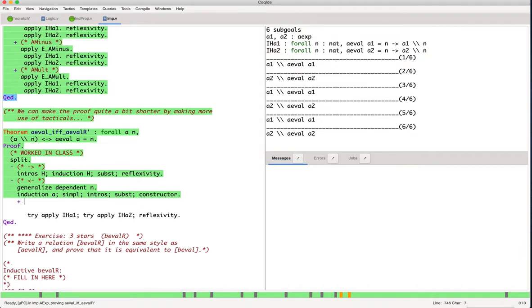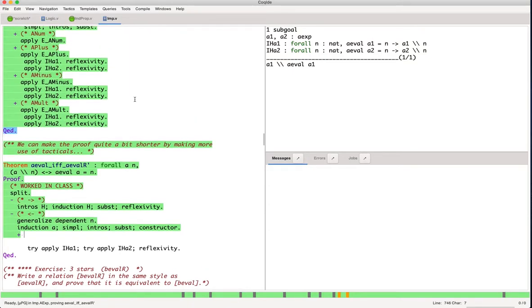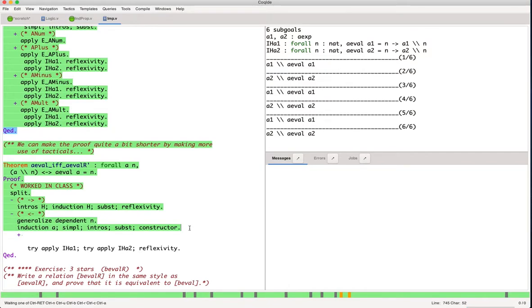If I go into the first one of these, what do we need to do to this? One thing to notice is, if I go back here, we've got 6 sub-goals. Why are there 6 of them? Well, basically, the first part of this proof has already solved this enum case up here.